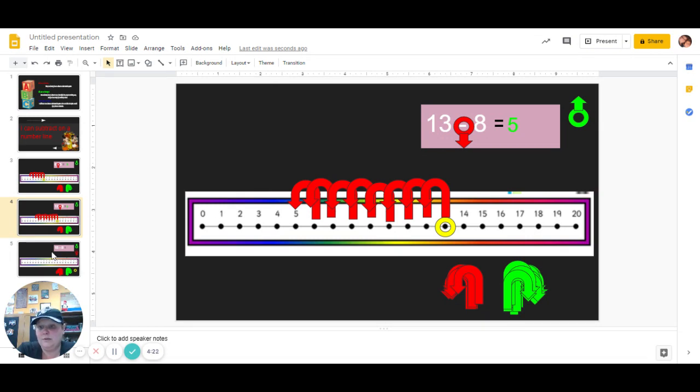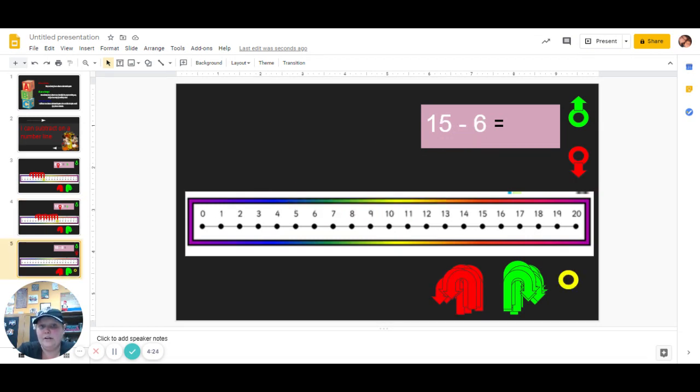All right, friends, one more. Here we go. 15 take away 6. Okay, so 15 minus, again, take away 6 equals blank. My subtraction symbol, my minus bar, means that my number is going to get smaller. So again, I'm going to use my downwards arrow. I need my number to get smaller.